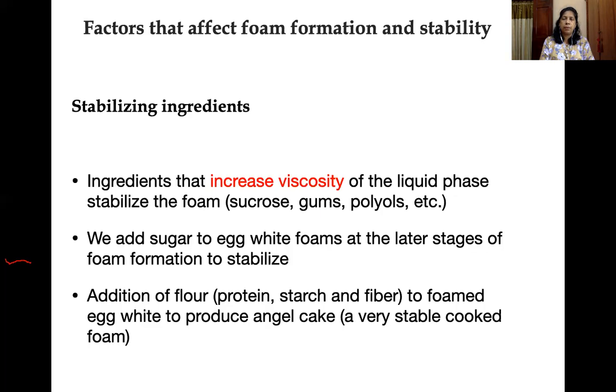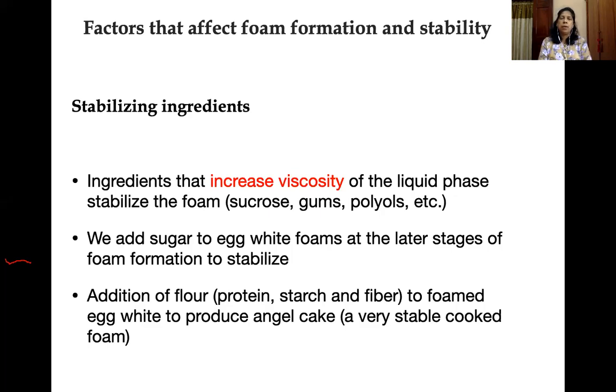Ingredients that increase viscosity of the liquid phase stabilize the foam. Viscosity can be increased by sucrose, gums or polyols, those carbohydrates or polysaccharides, and those are very much support to stabilize the foam. We add sugar to egg white foams at the later stages of foam formation to stabilize.